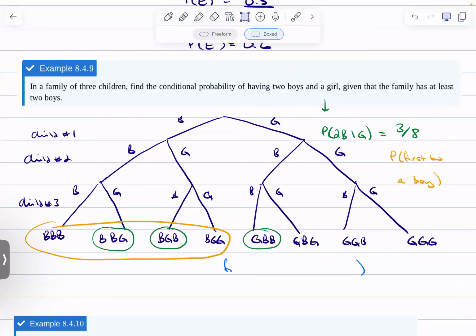the probability of E and F would be two boys and a girl, which let's start off by circling those. Two boys and a girl, two boys and a girl, two boys and a girl.